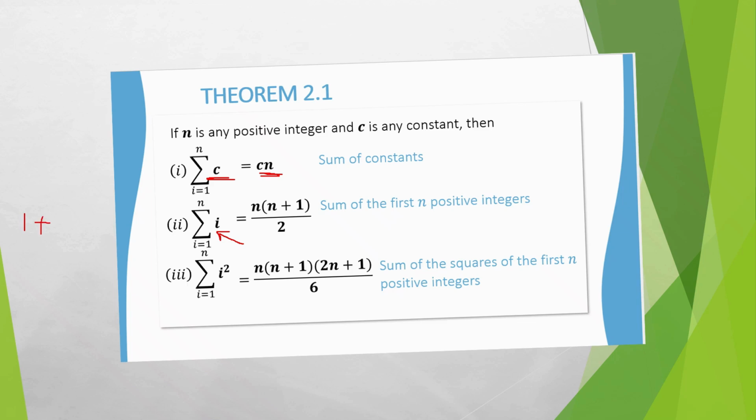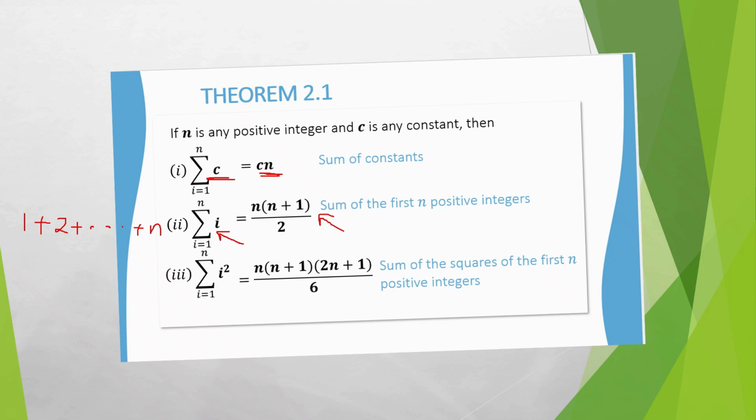Since it is sigma, don't forget to introduce plus. So 1 plus 2 plus, like that. You will keep substituting till n. And do you know what type of number this is? Yes, natural number. And what is the formula? n into n plus 1 divided by 2.